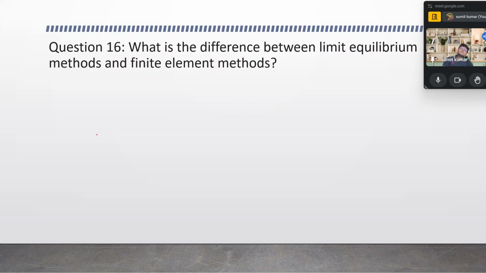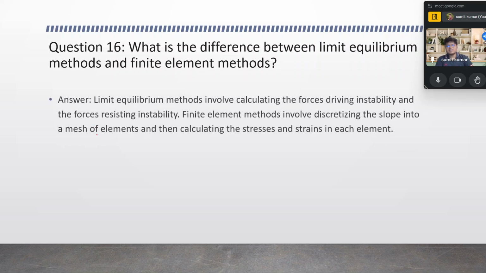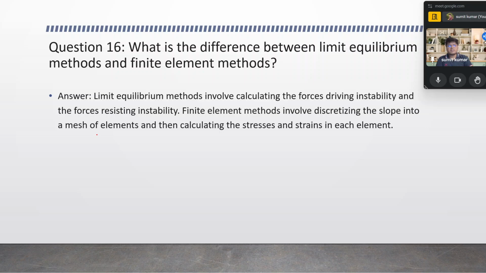Now, the next question is, what is the difference between the limit equilibrium method and the finite element method? Yes, we have seen the definition of the limit equilibrium method and finite element method. With the definition only we clear this concept. The limit equilibrium method involves calculating the forces driving instability and the forces resisting instability, while the finite element method involves discretization of the slope into a mesh of elements and then calculating the stresses and strains in each element.